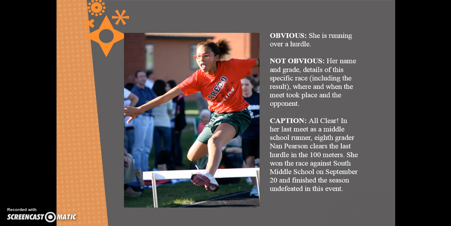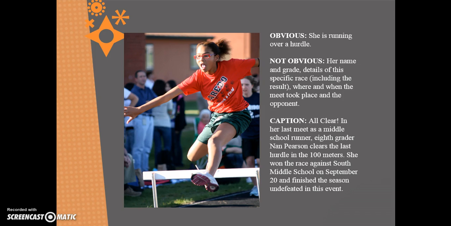So in this photo here, the obvious is she is running over a hurdle. What's not obvious from that caption would be what her name is and the details of the specific race. Is it the 100-meter hurdles or the 75-meter hurdles, or the 320-meter hurdles?